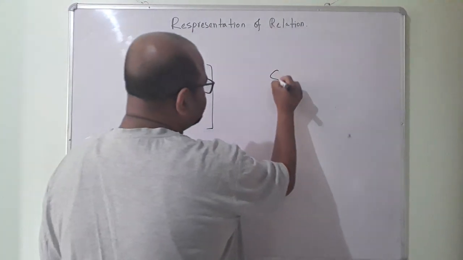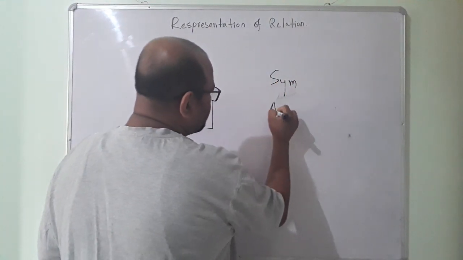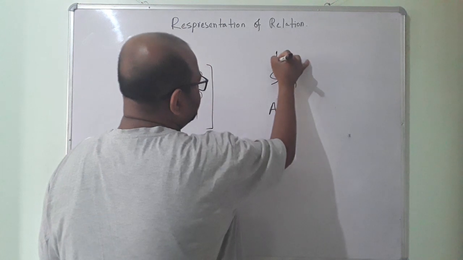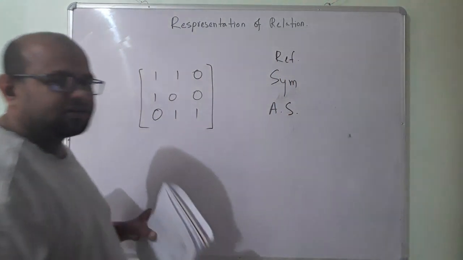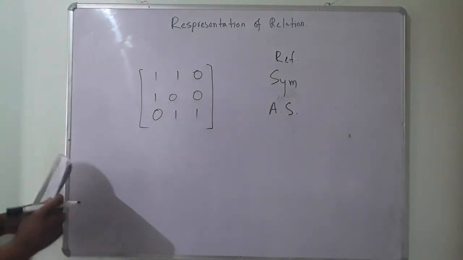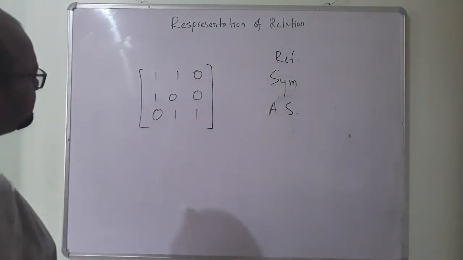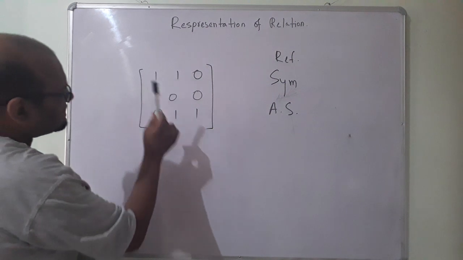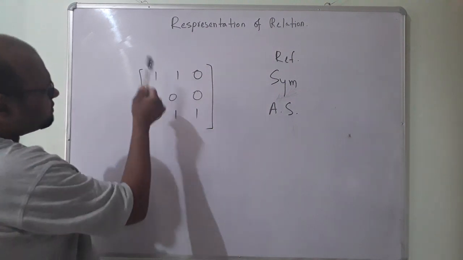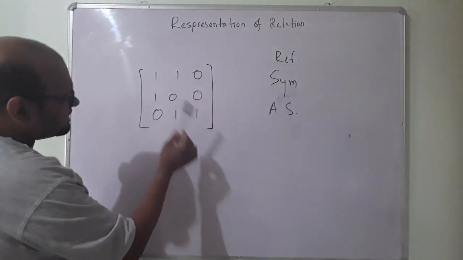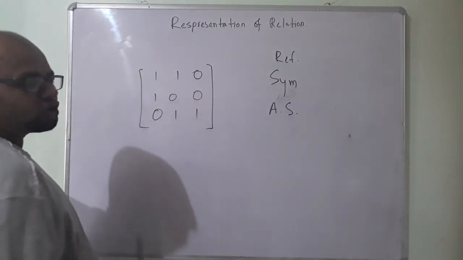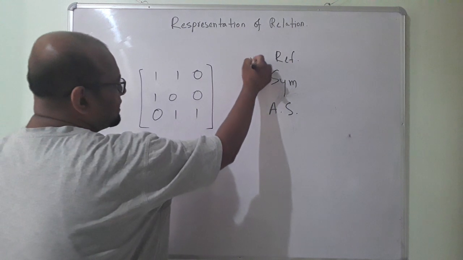Is this relation symmetric? Reflexive, symmetric and antisymmetric are three questions that we have. So is this reflexive? A is there, this CC is there, but BB is not there, right? So it is not reflexive.